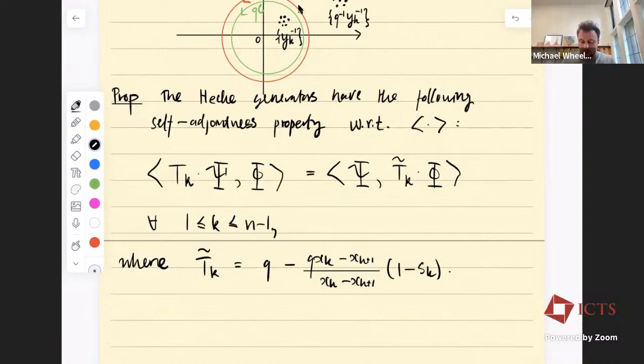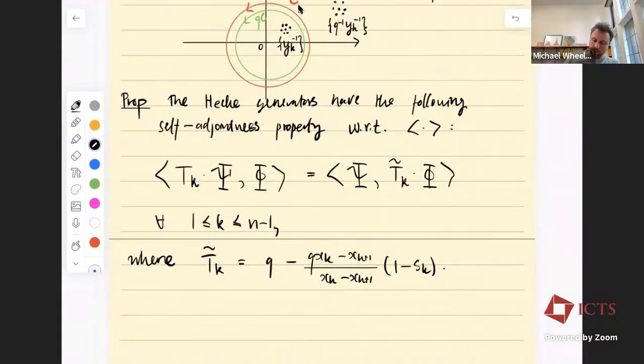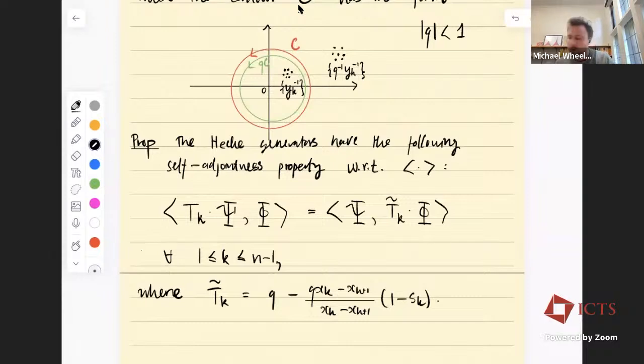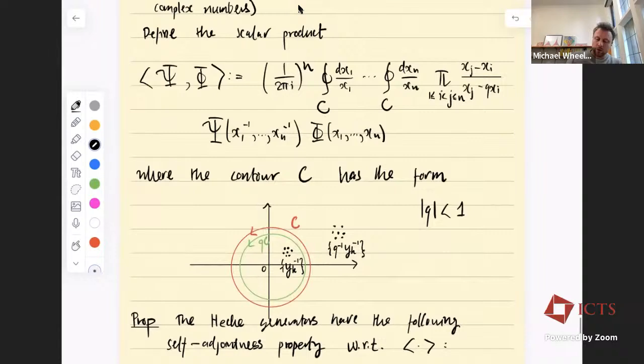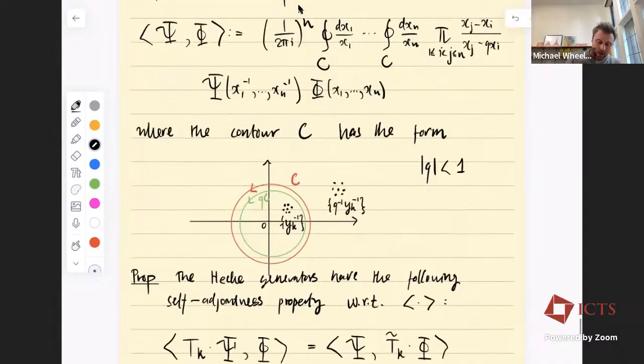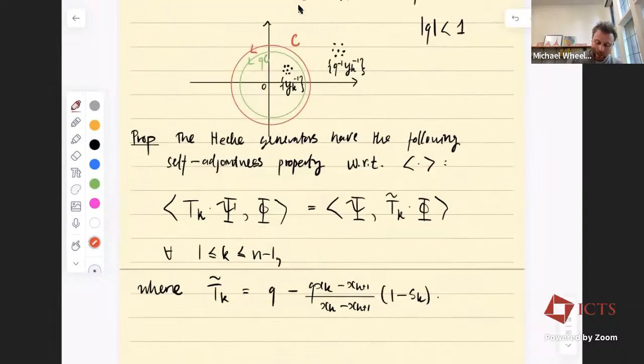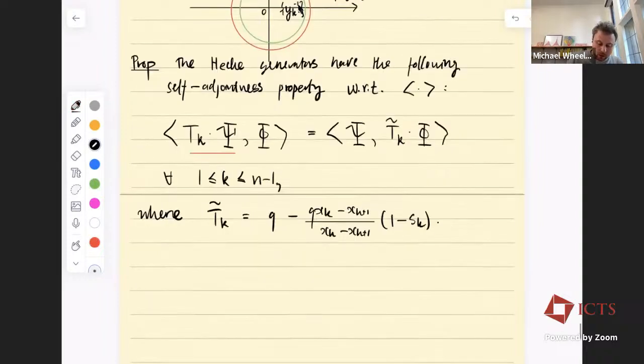The proof of this is basically by direct computation. I'm not going to give the proof in view of the time constraints, but basically you feed in directly the action of t_k on psi. You can explicitly compute that, maybe just to start it off in the right direction.